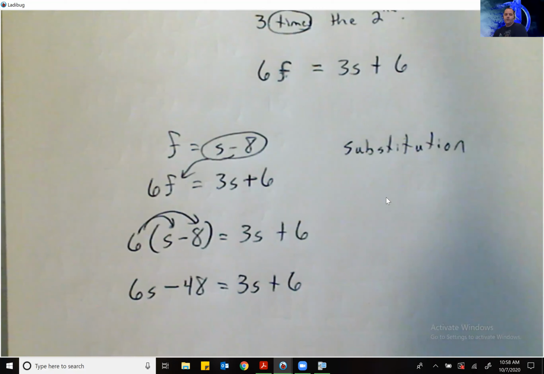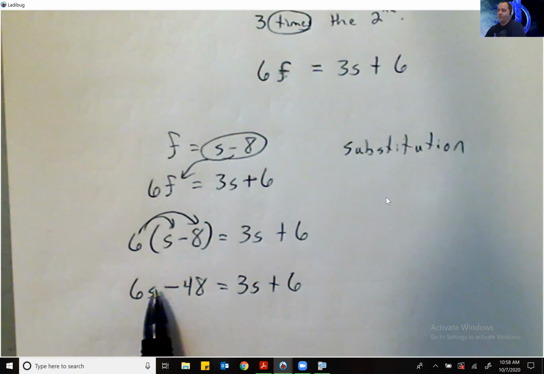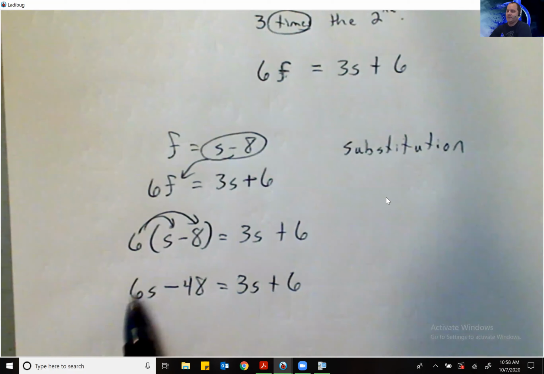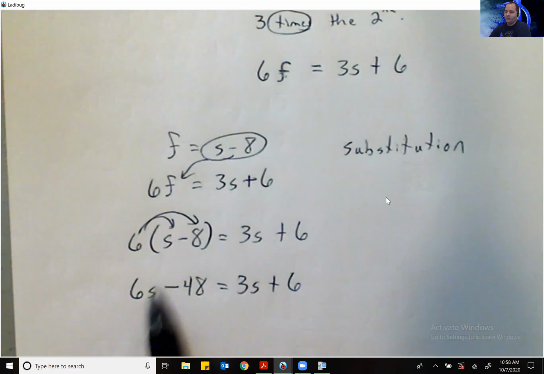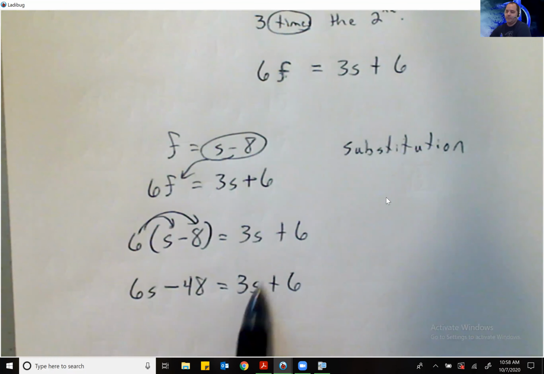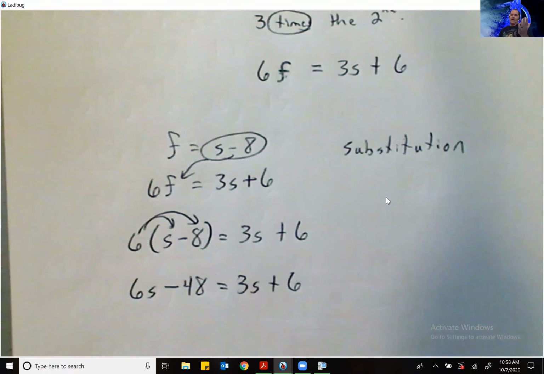You can either bring over the 6S or the 3S. Yeah, you got it, Rochelle. We got to get our variables all on one side. So we either move the 6S over here, or we take the 3S and move it to the other side. I'll let Rochelle go ahead.